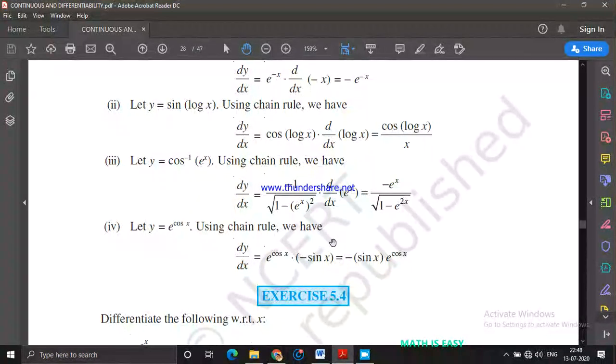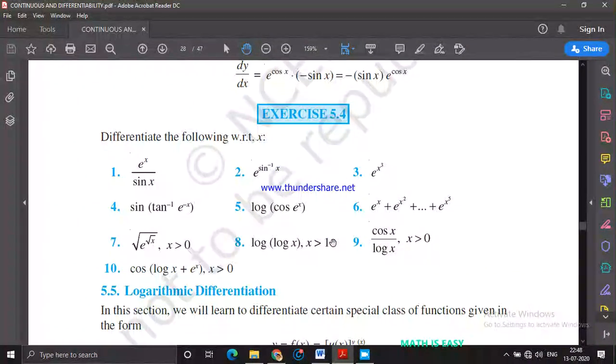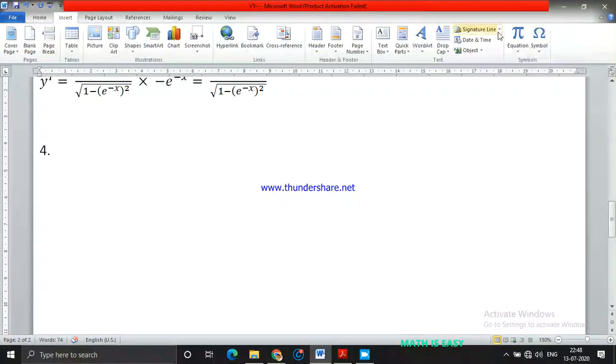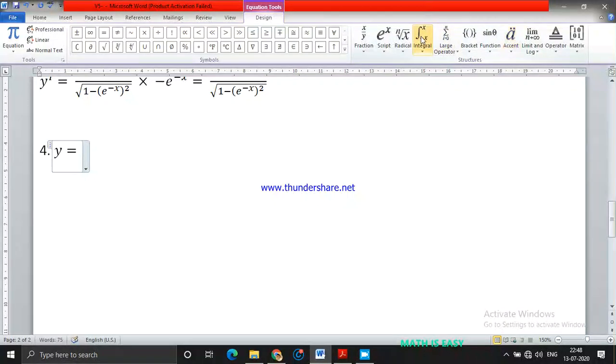Then what do you have next example? Here you have e power sin inverse x. So let me solve this: e power sin inverse x. y equals e to the power sin inverse x.